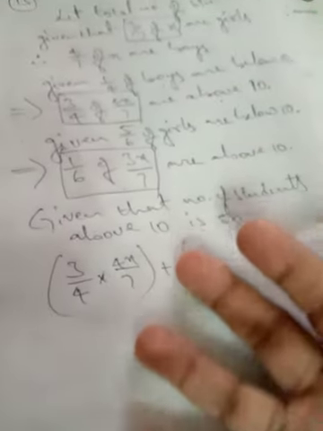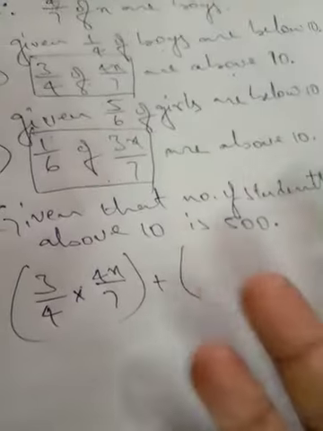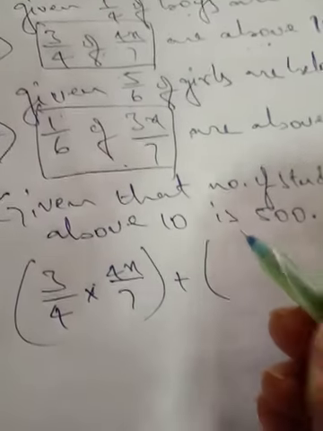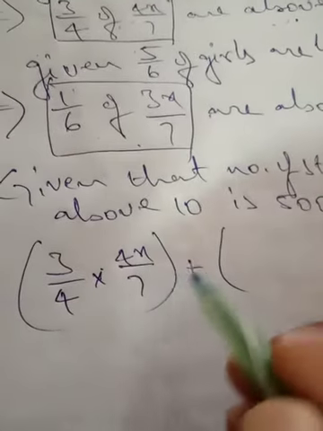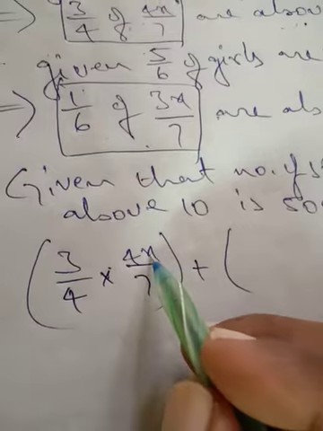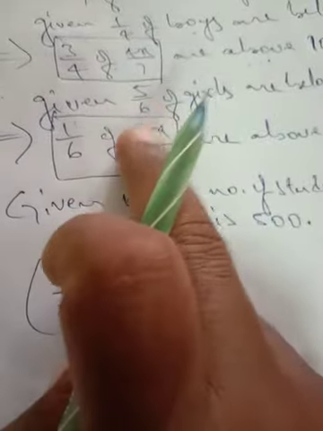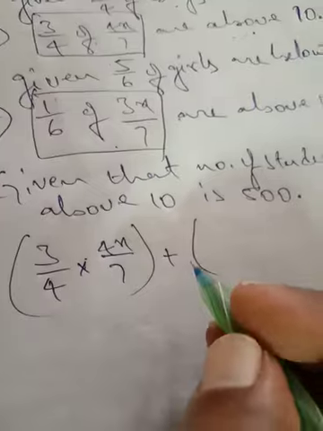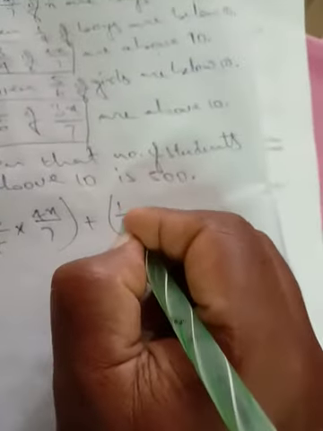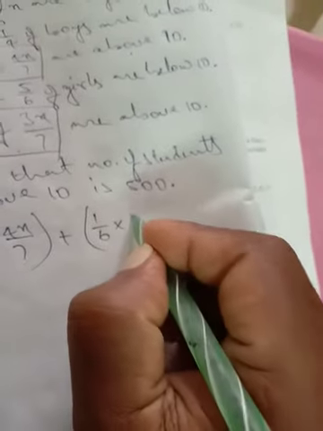Now we should be able to build up the equation, then we can solve the equation, then evaluate the value of the variable. Here the variable is x. So this bracket represents the number of boys, and this is the girls here. Above 10 girls are 1 by 6 of, which is changed into multiplication, 3x by 7.